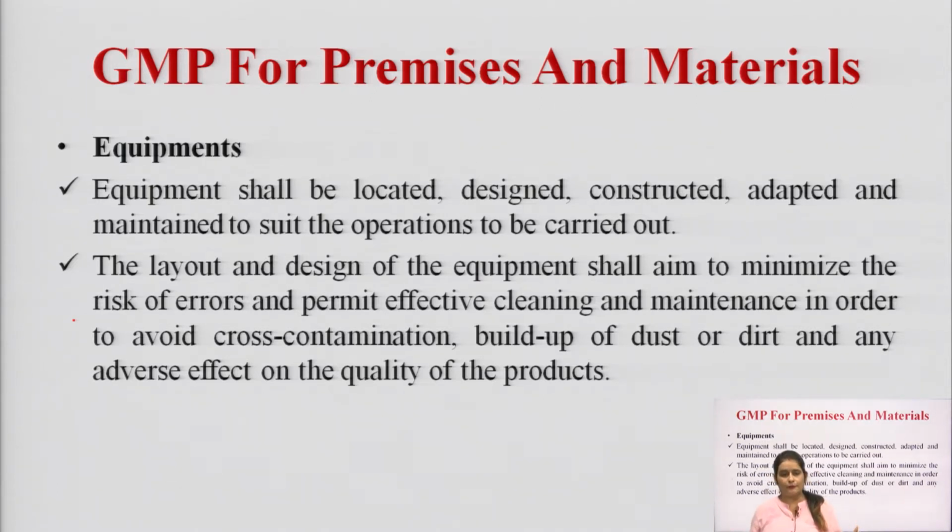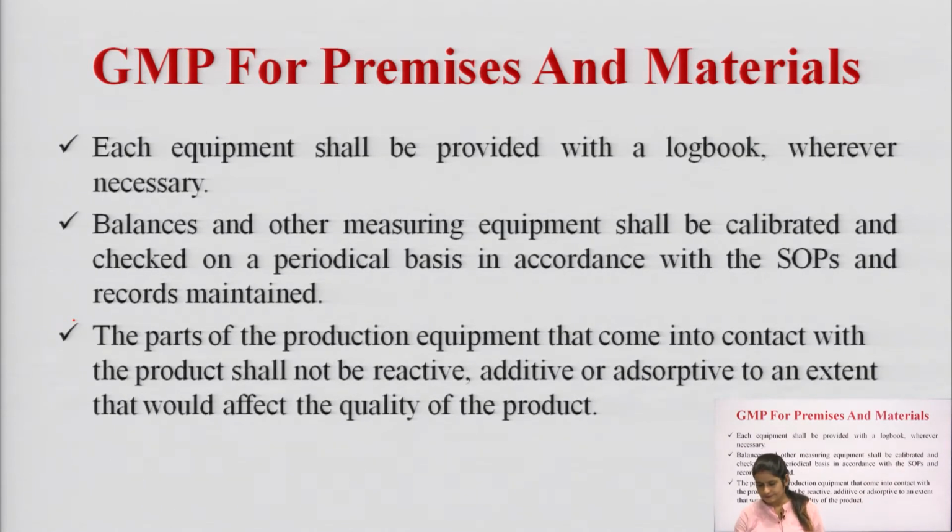There must be a proper distance between two operating equipment. It should permit effective cleaning and maintenance in order to avoid cross contamination, buildup of dust or dirt, and any adverse effect on the quality of the products.